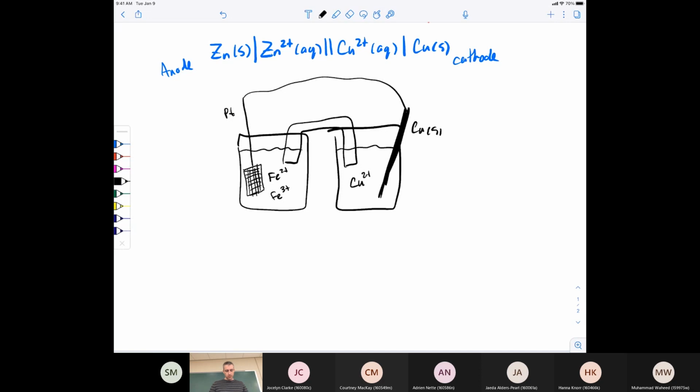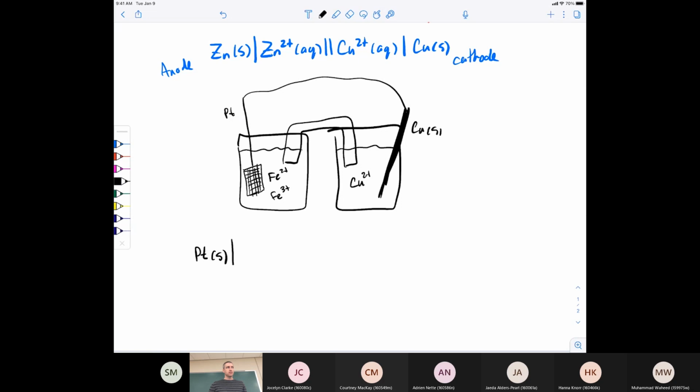On the left-hand side, we would start with the electrode material, platinum solid, phase change, vertical line. Next, we have in solution both Fe2+ and Fe3+.